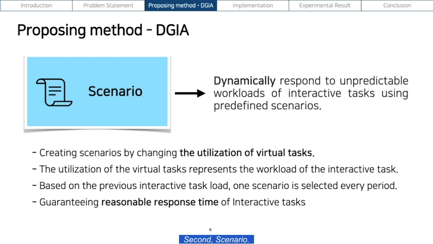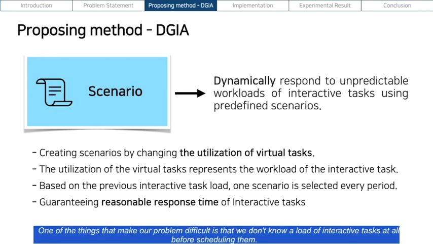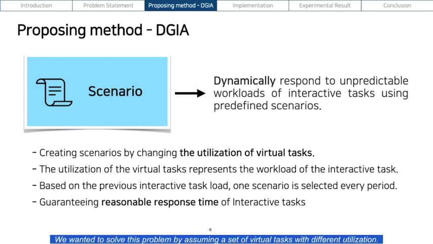Second, scenario. One of the things that make our problem difficult is that we don't know a lot of interactive tasks at all before scheduling them. Therefore, it is difficult to predict how current interactive task execution or application of power-saving techniques will affect the future. We wanted to solve this problem by assuming a set of virtual tasks with different utilization.